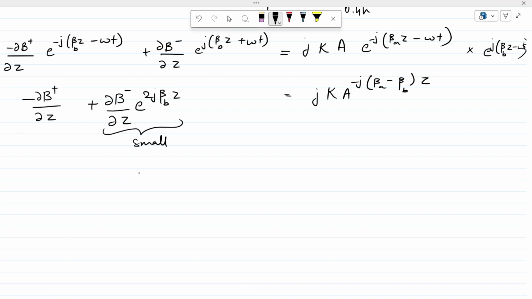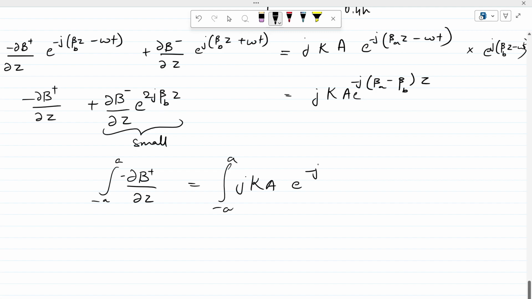So now if I take an integral from z equal to minus a to plus a of ∂b+/∂z, that is equal to jκa e^(-j(βa - βb)z).